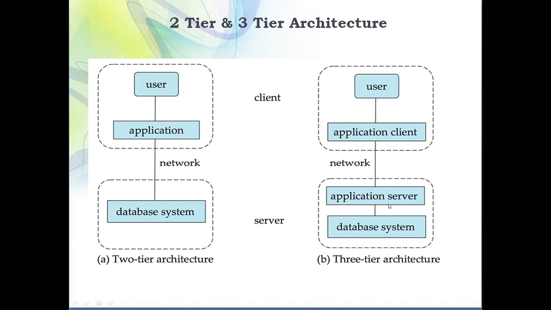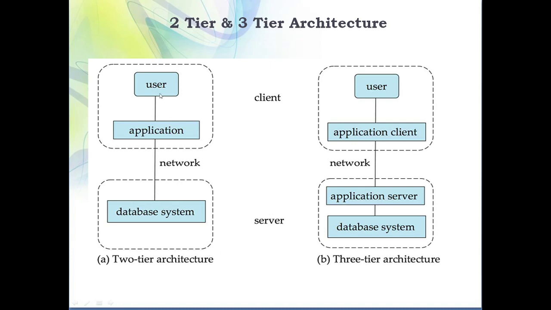In our scenario, it will control the number of students appearing for the interview. And in the case of a database, the application server will control the number of requests coming to access the database. So which architecture is better? Obviously, three-tier architecture is better as compared to two-tier architecture.